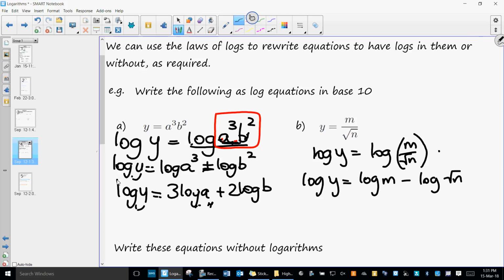And so what we're doing is we're using that rule in reverse, if you like. So if you've got log statements added together, we can combine them, but if they're already combined, we can split them by having a plus between them. These ones were being divided, so we would subtract them. Okay? Thank you. Excellent.